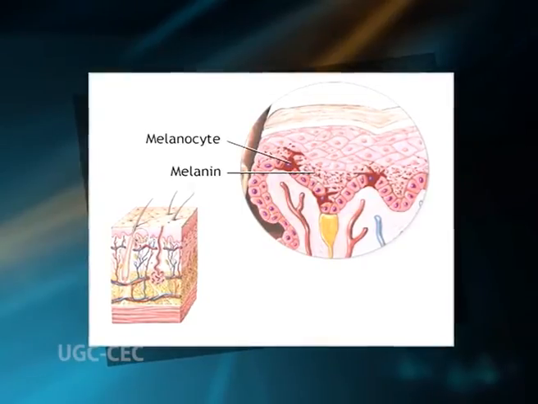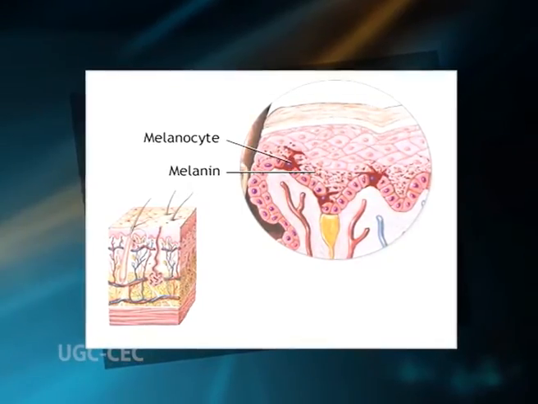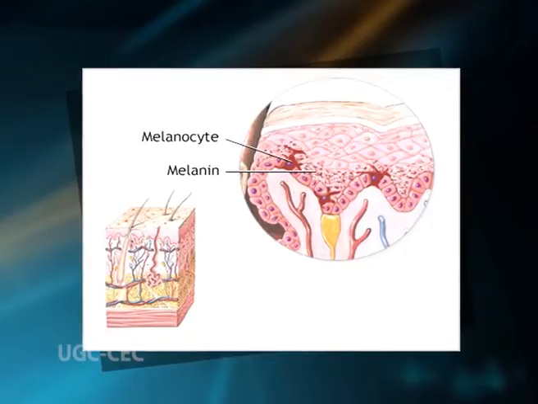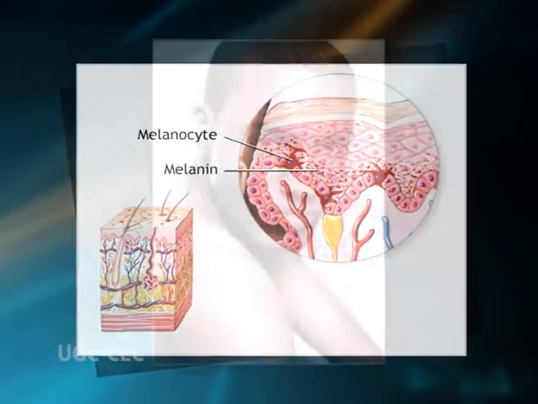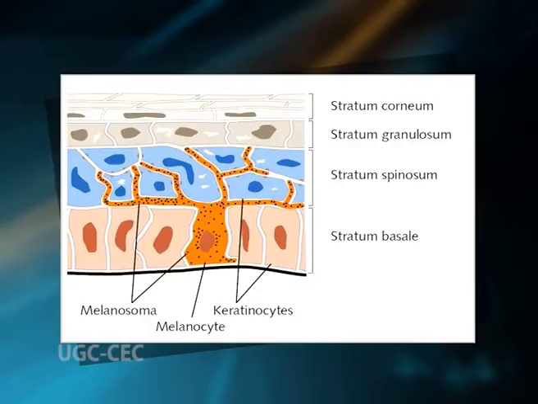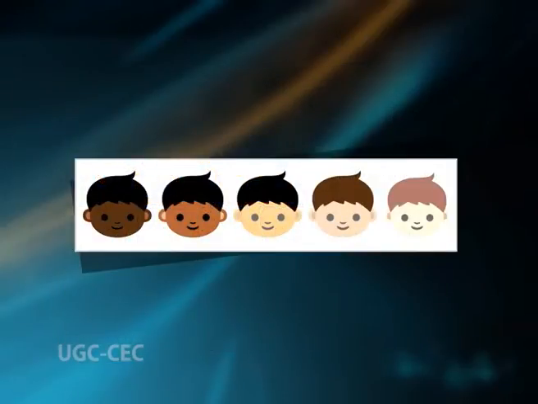Melanin is one of the most important substances responsible for skin pigmentation. It is the main pigment of the skin color of darker skinned humans, which is produced within the skin in cells called melanocytes. Human skin color ranges from the darkest brown to the lightest pinkish white.